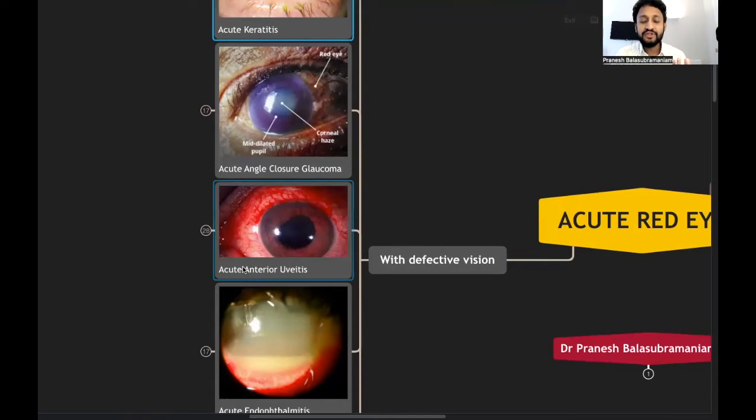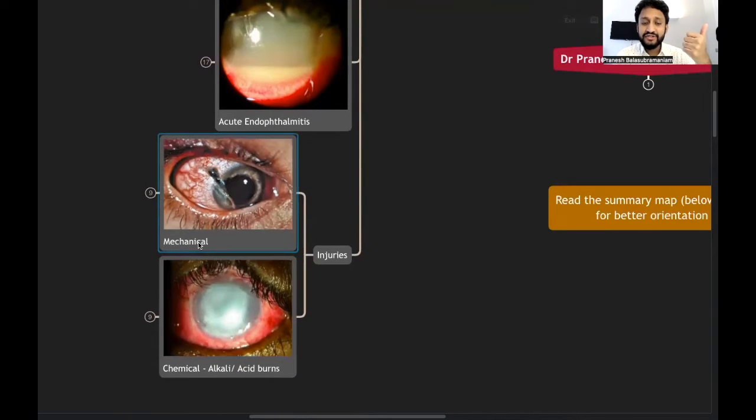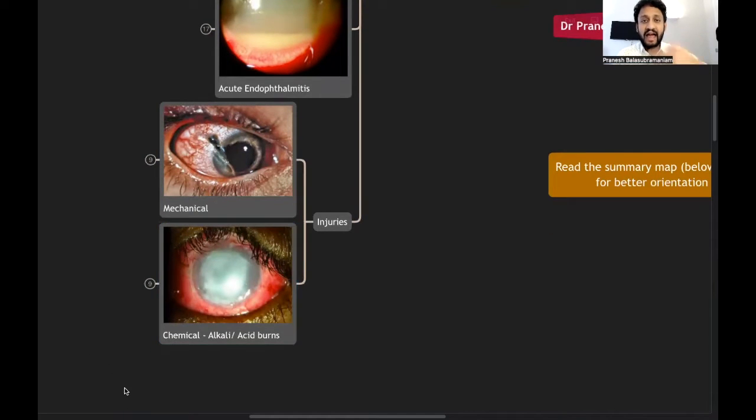Acute anterior uveitis means there is intense inflammation in the anterior chamber, causing lots of problems. Endophthalmitis means inflammation of the inner coats of the eyeball. It's much more vision threatening than the other conditions. And injuries: mechanical injuries, which means trauma because of a blunt force or a sharp force, and chemical injuries, either alkali or acid burns.